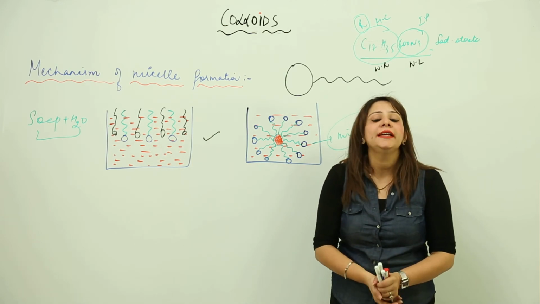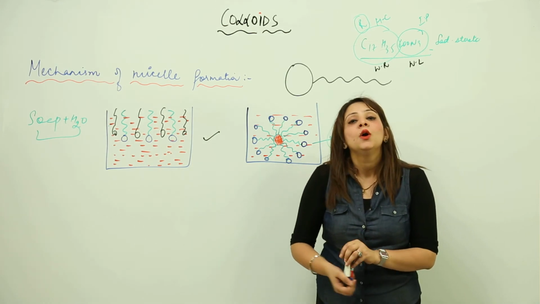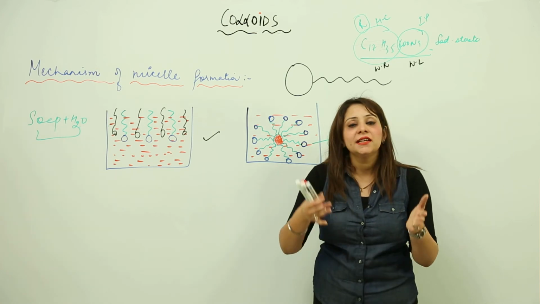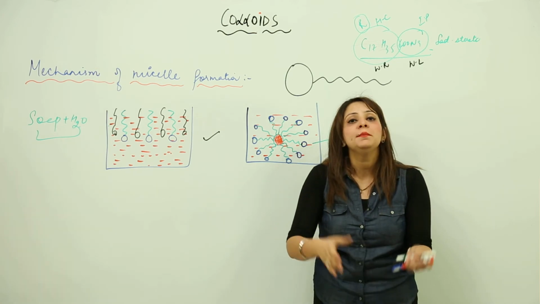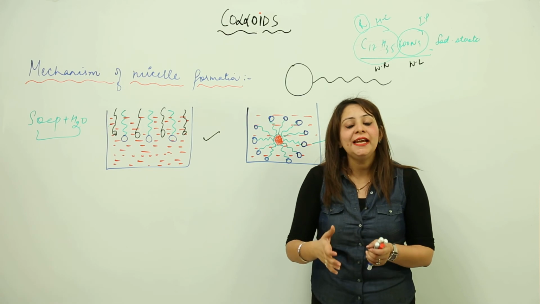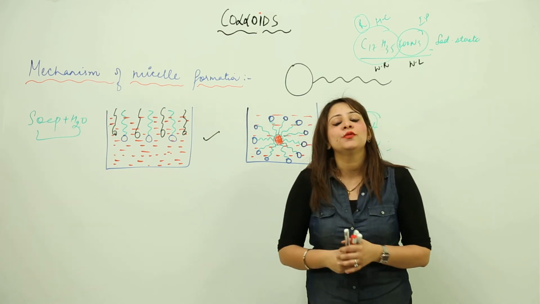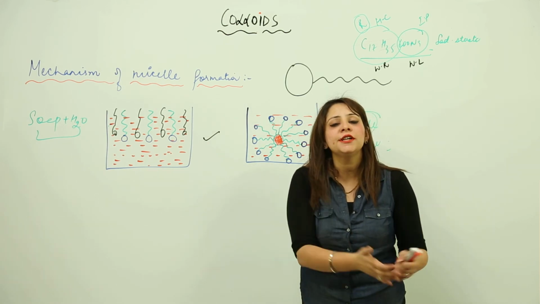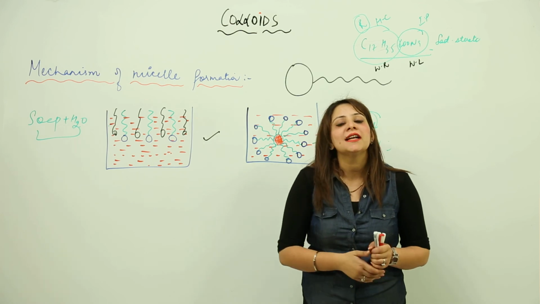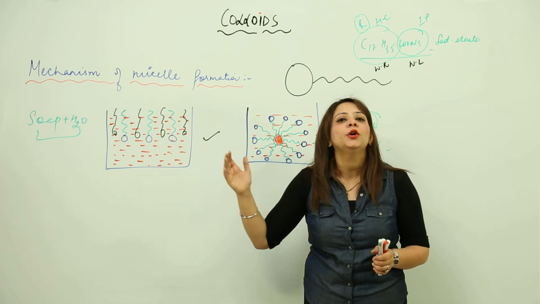This is how soap or detergents work when added into water: their mechanism involves micelle formation, and this micelle lies in the colloidal range. So we classify them as associated colloids. That is one of the categories of the types of colloidal particles.